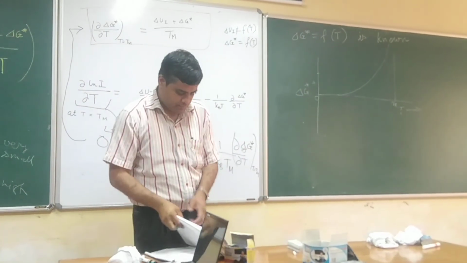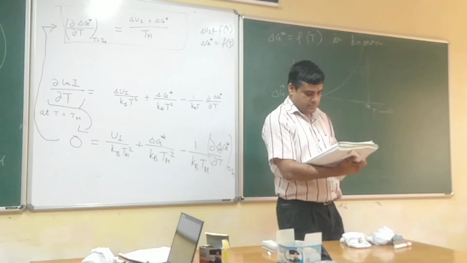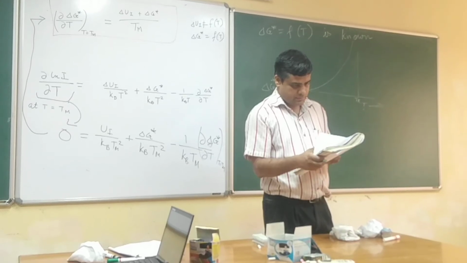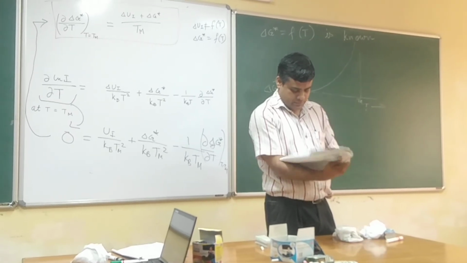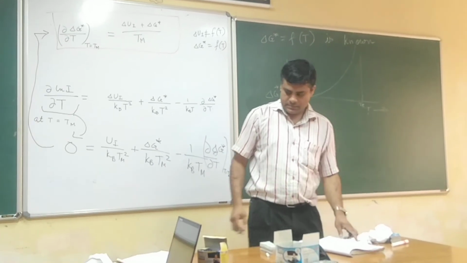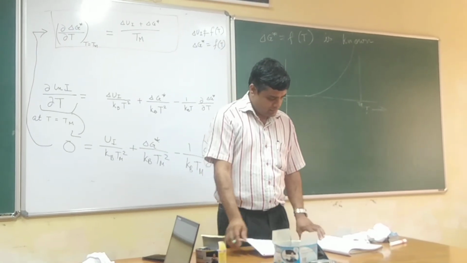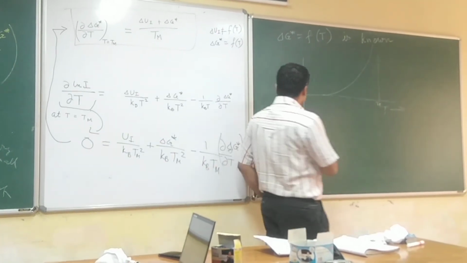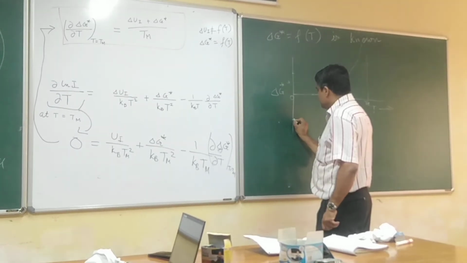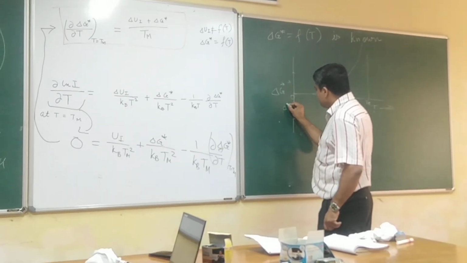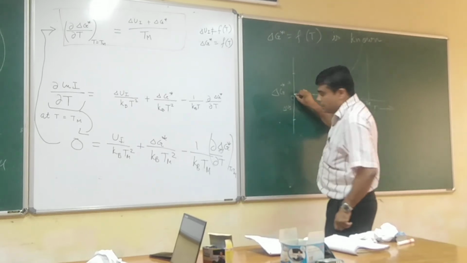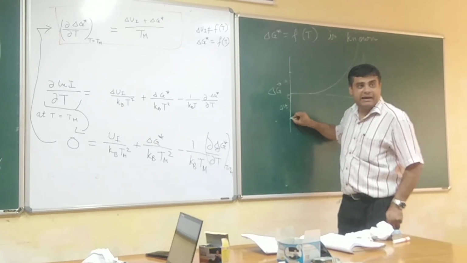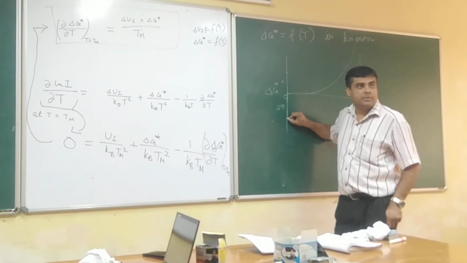So what you do: first, if you know delta Ui, you take that point from 0 in the negative direction, the delta Ui point.